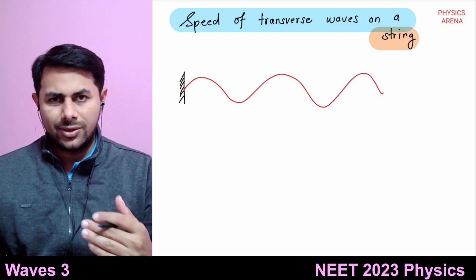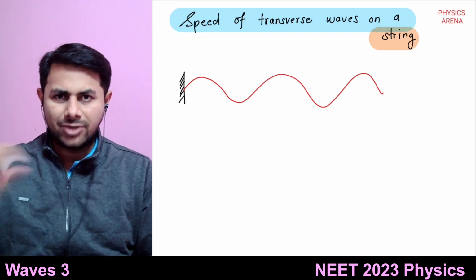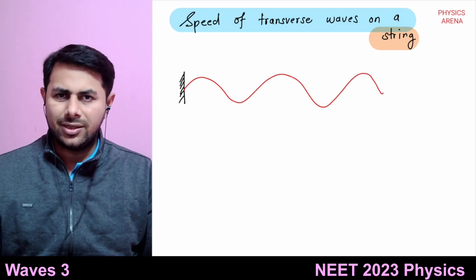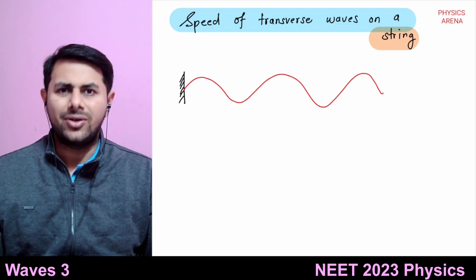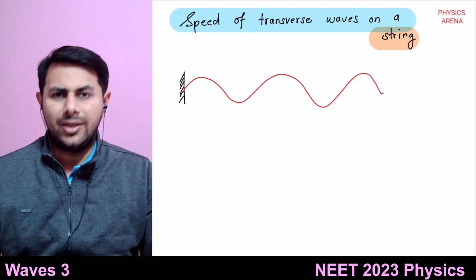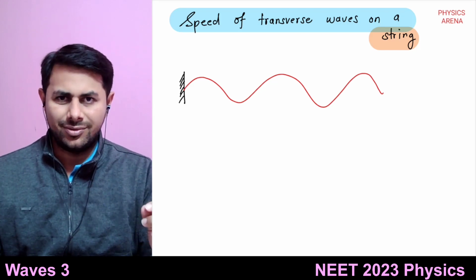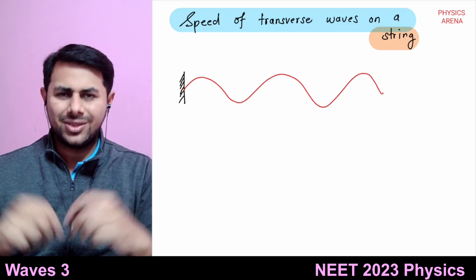In this way, the speed of transverse waves produced in a string depends on the tension in the string, and there is one thing which opposes the vibration, the inertia of the medium. The medium is the string.